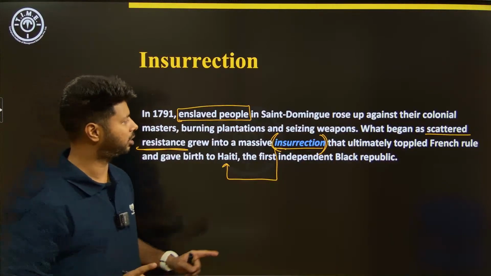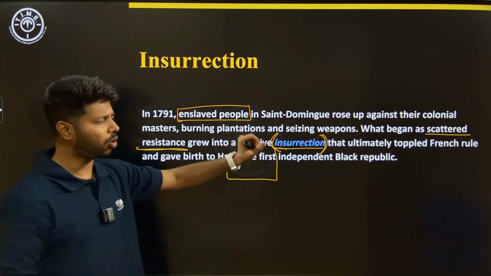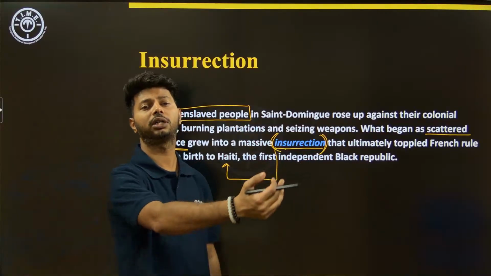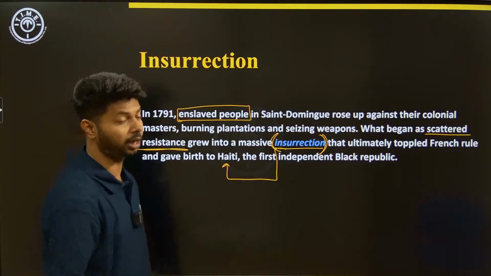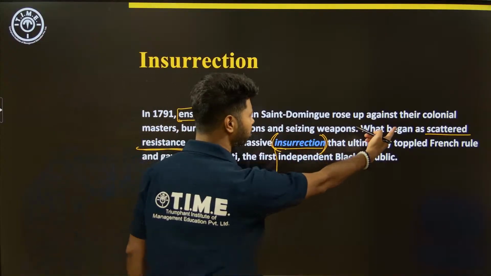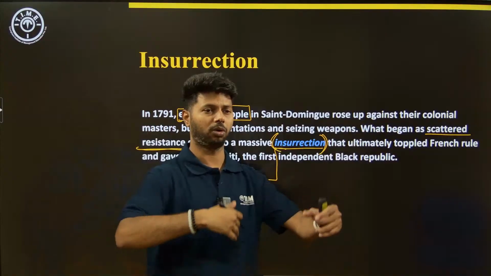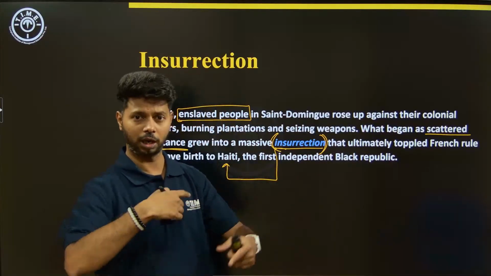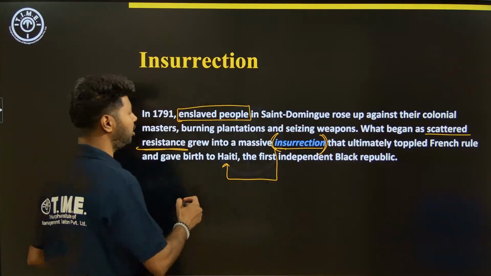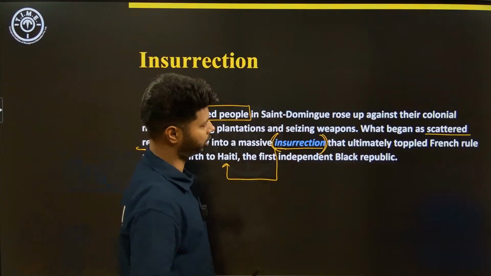The other thing that tells me is, if the scale is that big, it cannot really be precisely monitored and organized. It has to happen quite organically. So that is what has happened. There was scattered resistance, and it just sort of has an avalanche effect, and it becomes an insurrection, and it gives birth to the nation of Haiti.